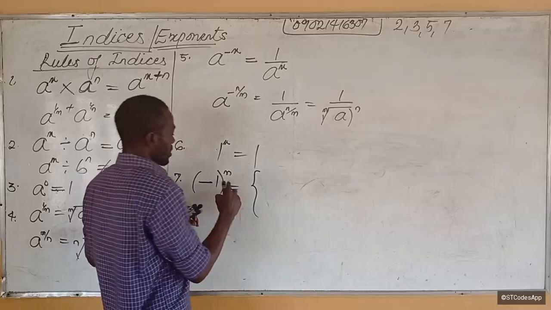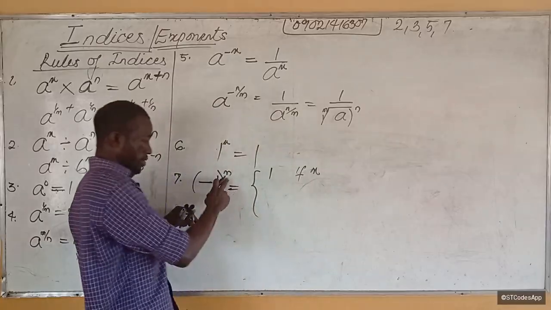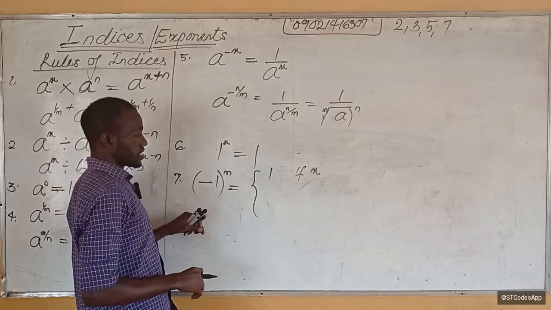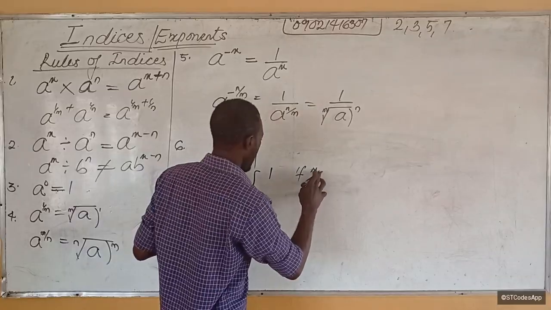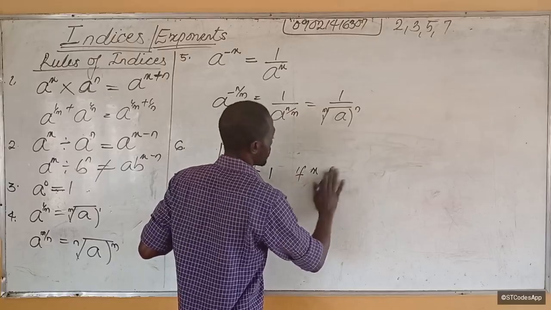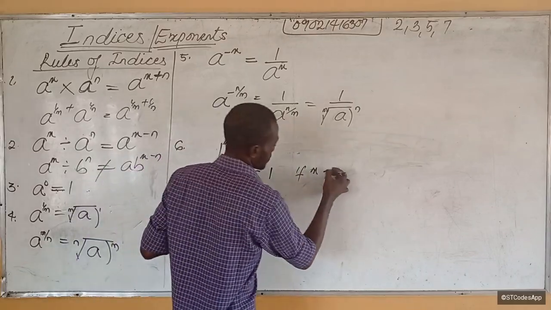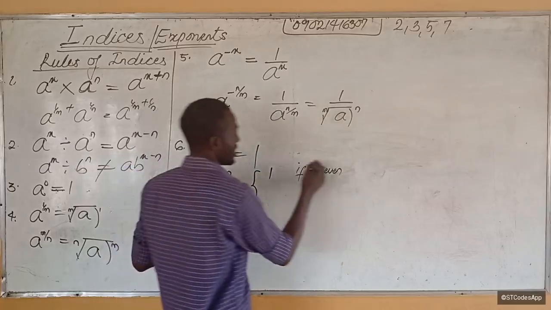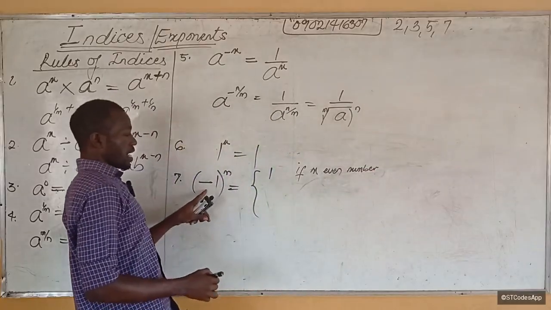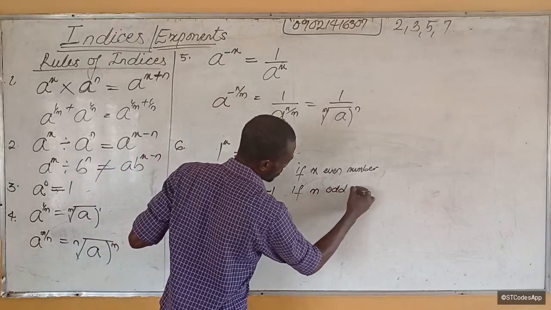We will get 1 if this m is an even number, then you get negative 1 if m is an odd number.